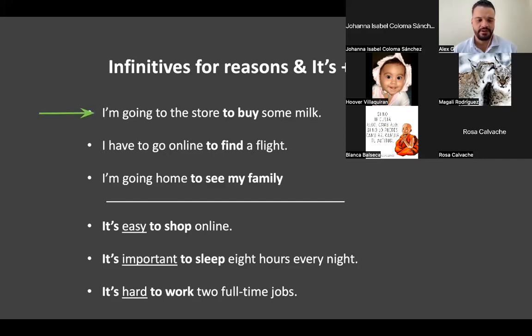Excellent. Thank you very much. This is called the infinitive. So infinitives are going to be to plus the verb. It's always when we ask the question, why, right? So we ask a question why something happens, and we express the reason or the purpose by using to plus the verb. Can you continue, Joanna?